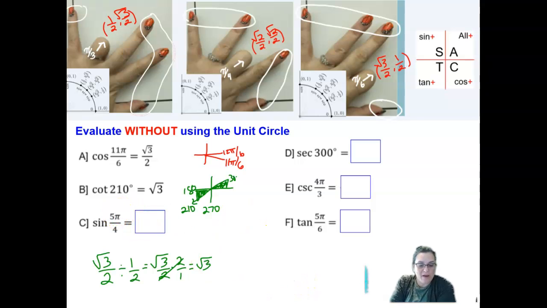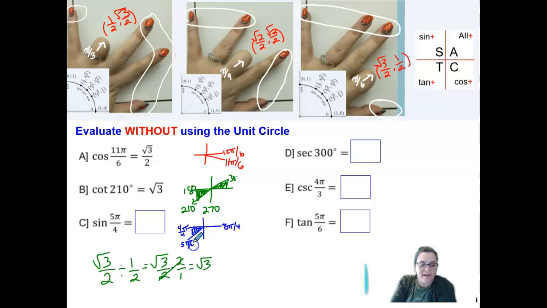Okay, sine of 5 pi over 4. So I want to figure out what quadrant 5 pi over 4 is in. This is 8 pi over 4 for one lap around the circle. Half of that would be 4 pi over 4, which puts 5 pi over 4 in quadrant 3 with a pi over 4 reference angle.